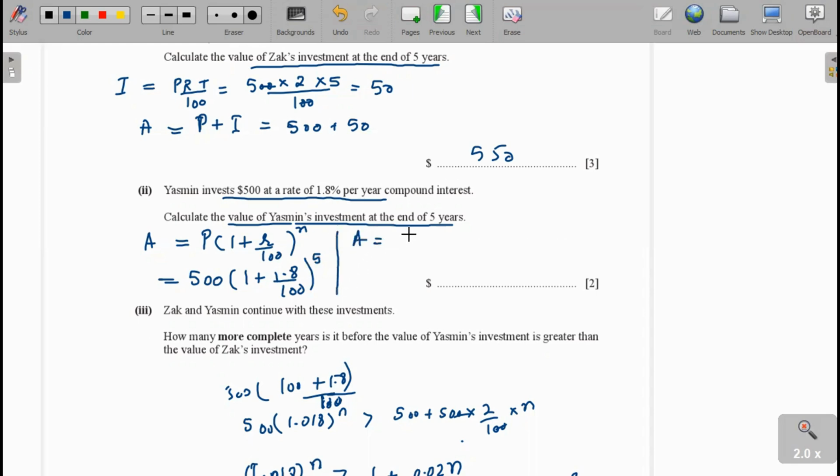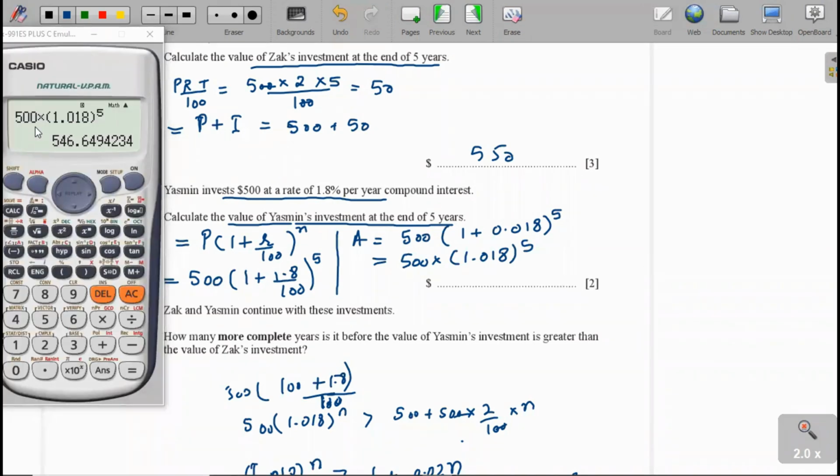The amount will be equal to 500 times 1 plus 0.018 to the power 5. That can be written as 500 multiplied by 1.018 to the power 5.